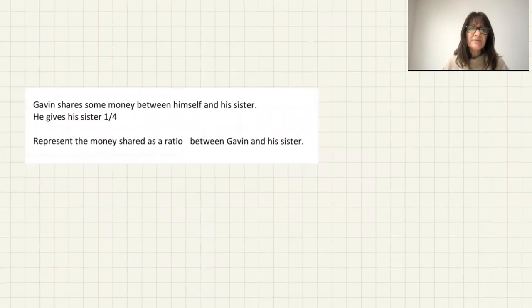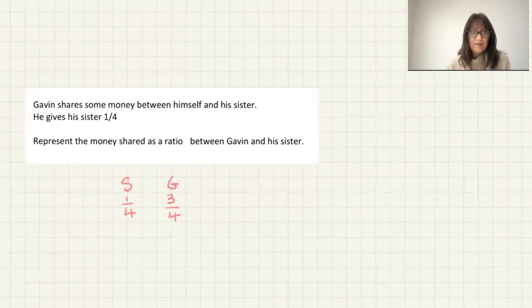We're going to use this to help us. So Gavin shares some money between himself and his sister. He gives his sister a quarter, and we've got to represent the money shared as a ratio between Gavin and his sister. So if Gavin is giving his sister a quarter, then Gavin must be giving himself 3/4.